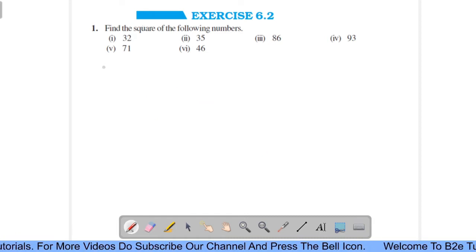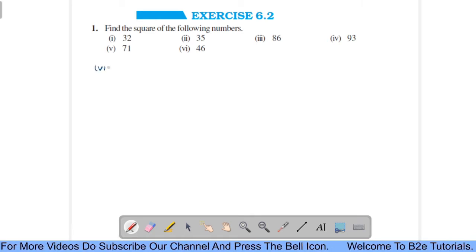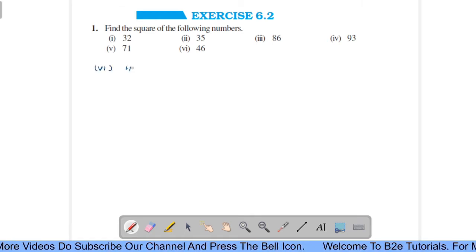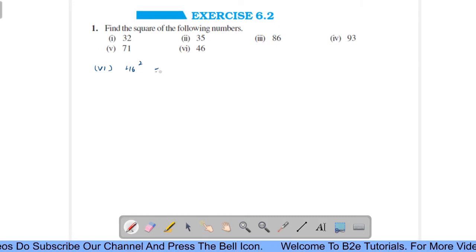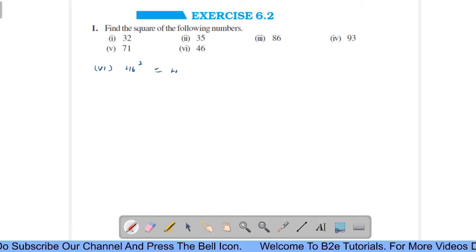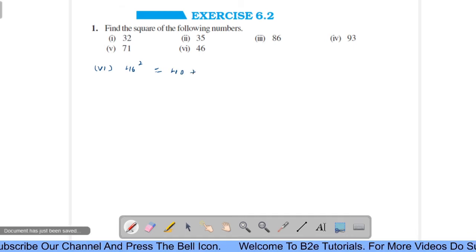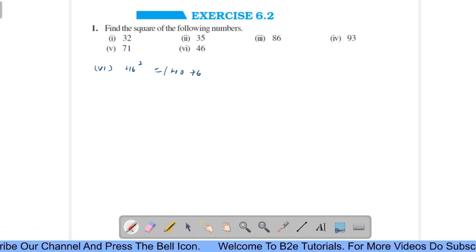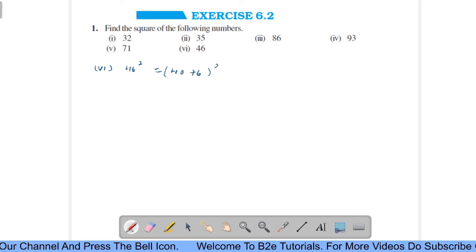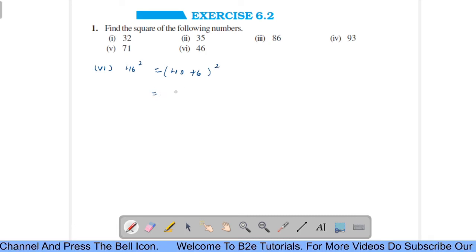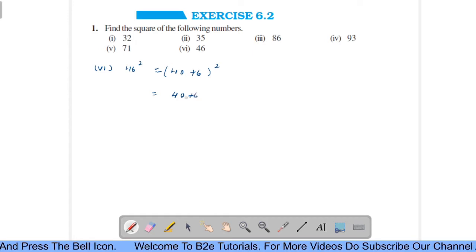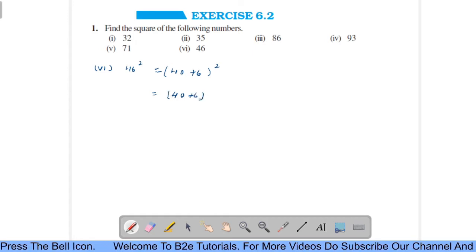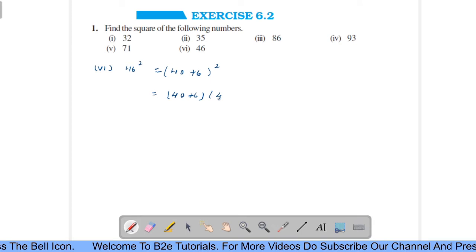Now come to the sixth part. It is 46 square. 46 can be written as 40 plus 6 whole square. Write it 2 times, 40 plus 6, 40 plus 6.